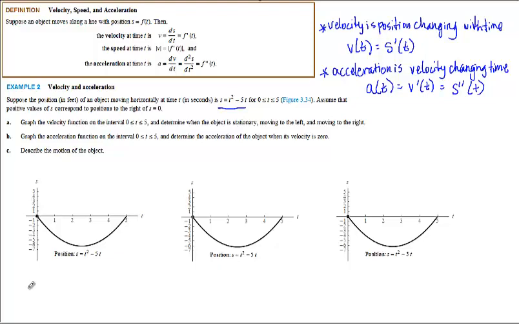The A question asks me to graph the velocity and determine when the object is stationary, moving to the left, moving to the right. Velocity happens to be the slope of the tangent line at any point along the curve. Let's look at what the tangent line is doing as we go along this particular function.